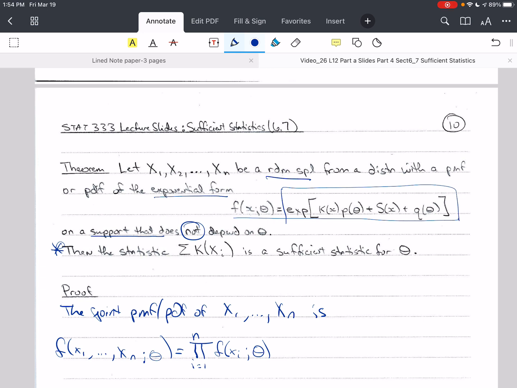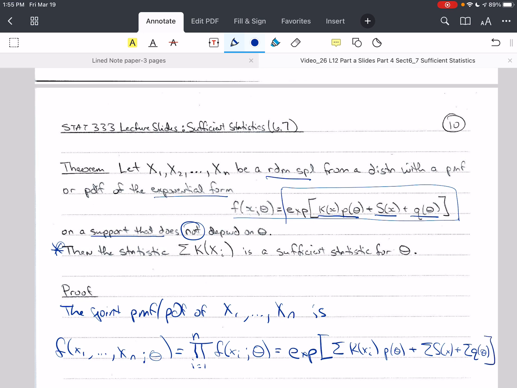So everything up here is going to be summed, right? It's going to be exp of the sum of k of xi times p of theta plus the sum of s of xi plus the sum of q of theta.